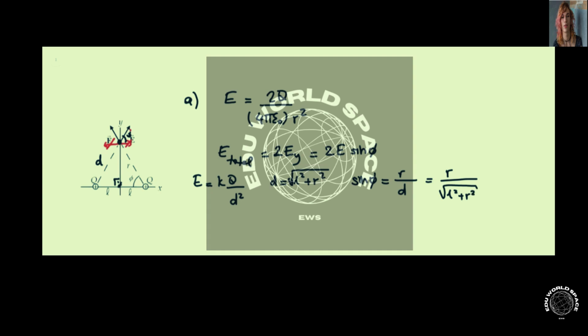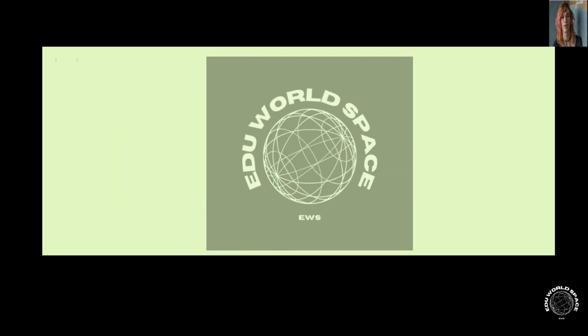Now let's write the electric field in terms of L and R. kq over d squared, and d squared is L squared plus R squared, right? So let's combine this and sine phi and put it in the total electric field equation on the next page.